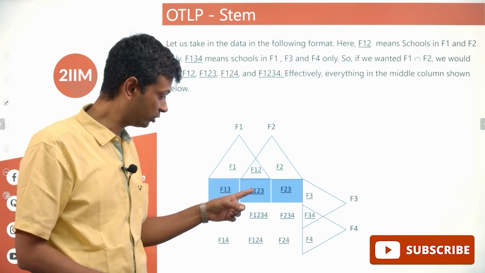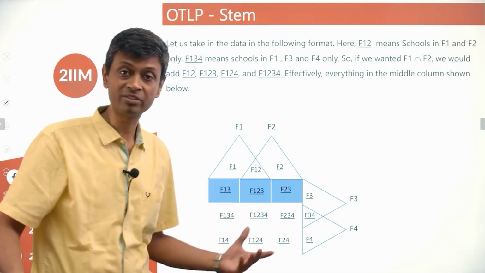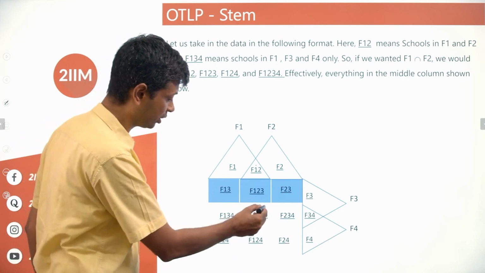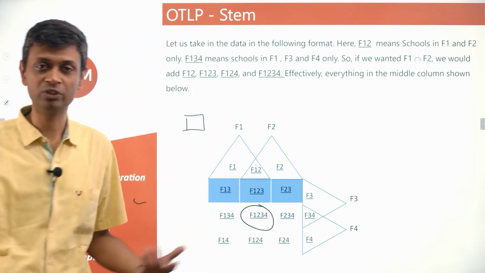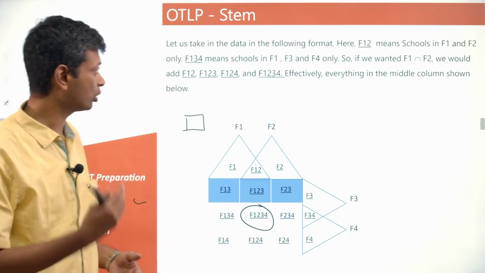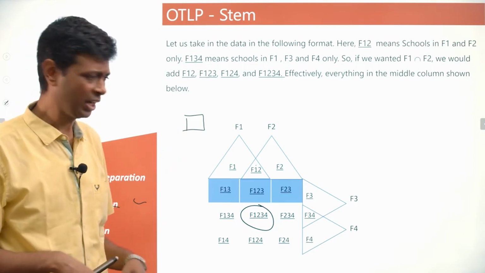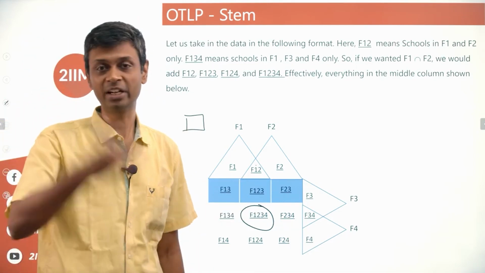This is F1, 2 and 3 only, no F4. So the regions are nice and clear and self-evident. So this number is the intersection of everything. Outside this whole framework would be none of these, the schools which have none of these facilities. And so out of the 600, some 80 are sitting outside. Each of these regions can then be populated, filled in, and then we can try to simplify this.